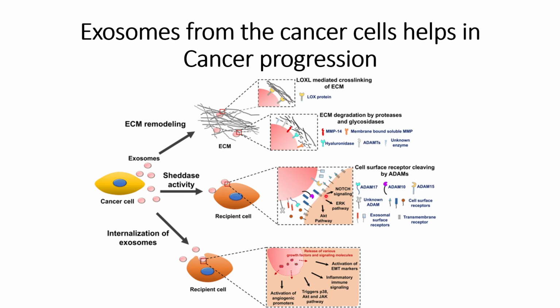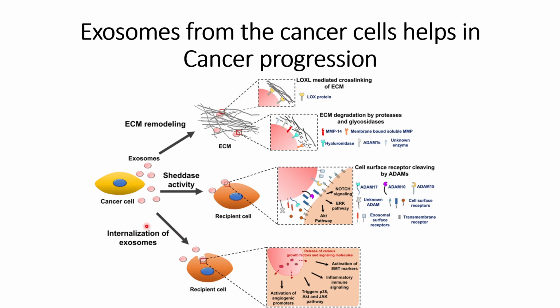The common thing about these pathways is that all of them are related to increased proliferation and growth of the cells. The increased growth rate and proliferation create more probability of mutations in these recipient cells, and thereby increase the chances of these recipient cells converting into cancer cells. So in another way, this is spreading the cancerous cells to the neighboring cells with the help of exosomes through this SADase activity.